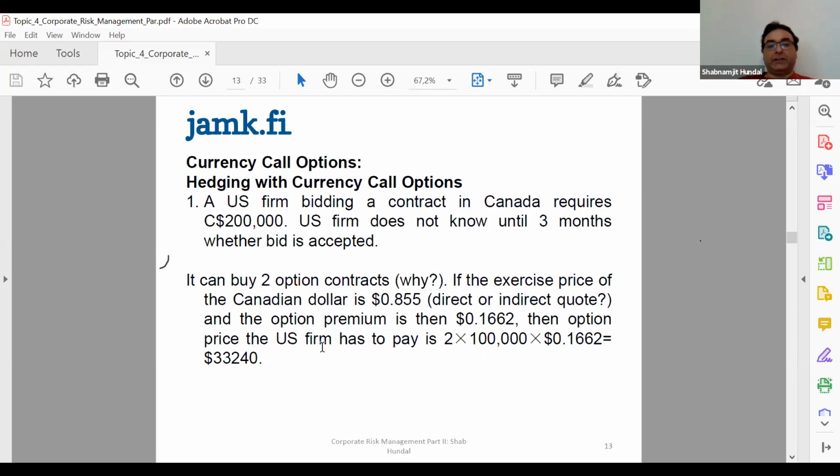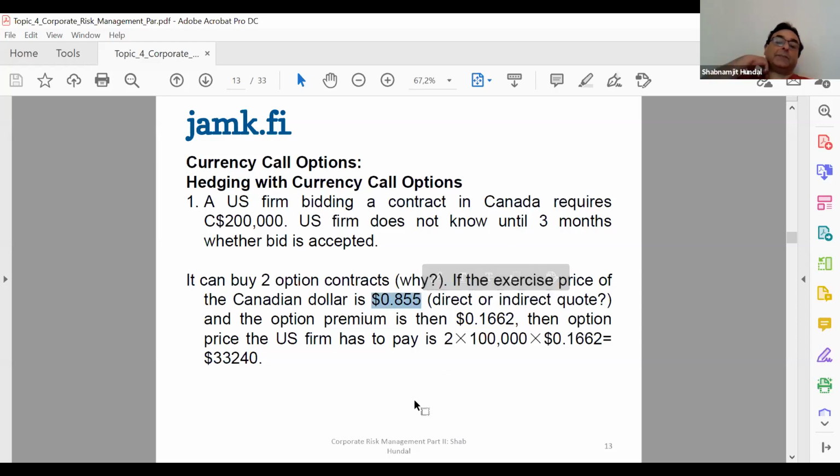You buy 2 contracts. Why do we buy 2 contracts? Because the size of 1 Canadian dollar contract is 100,000 Canadian dollars. Anyway, that's not a problem. If the exercise price is 1 Canadian dollar equal to 0.855.